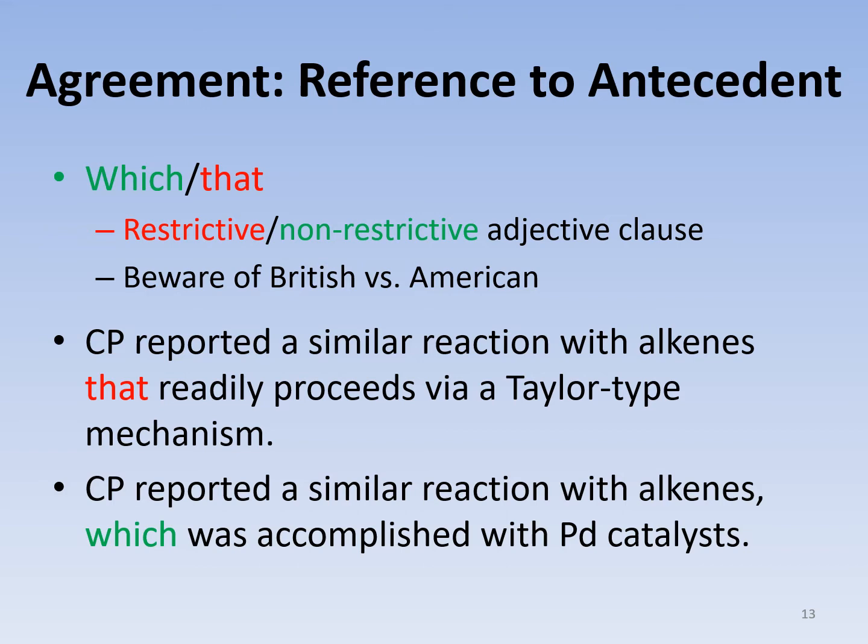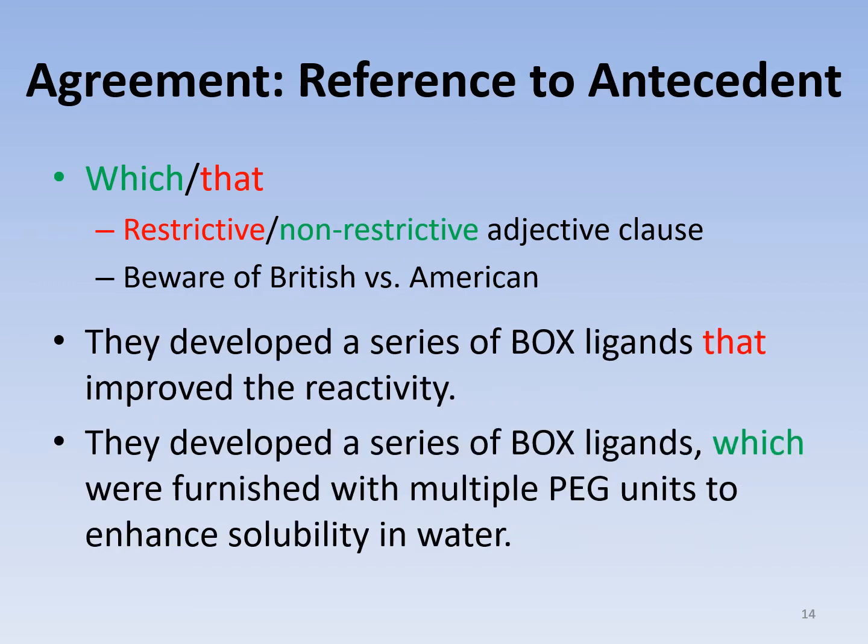On the other hand, the which clause here is different. If you take this away, the which clause is only adding extra information to your sentence. You still want this sentence, but it doesn't matter if you do not have this part. You're just wanting to report more information here. So this is the difference between which and that. We're going to look at another example on the next page.